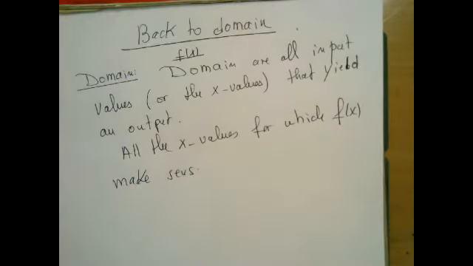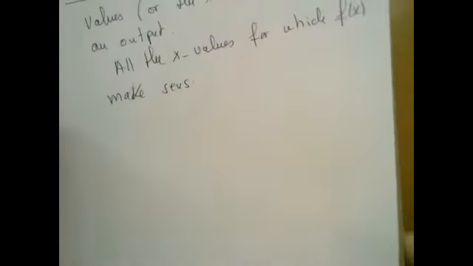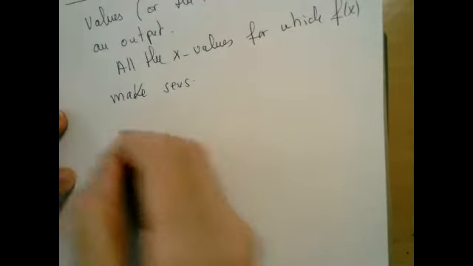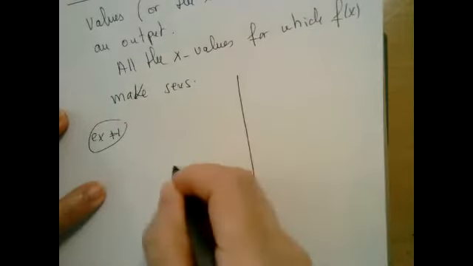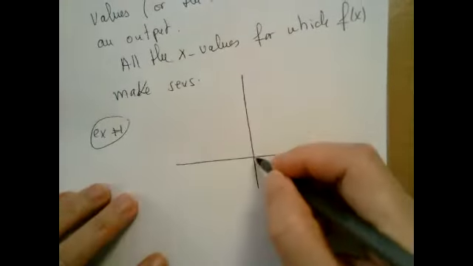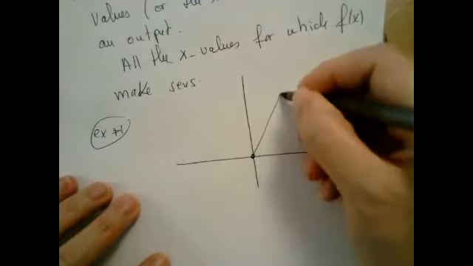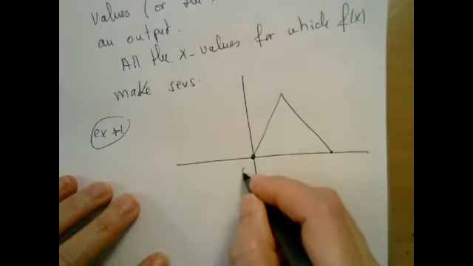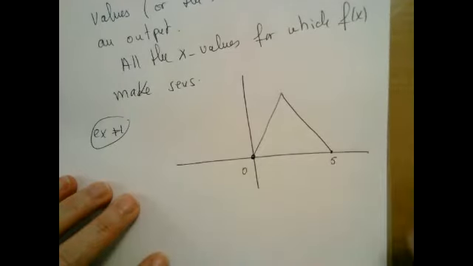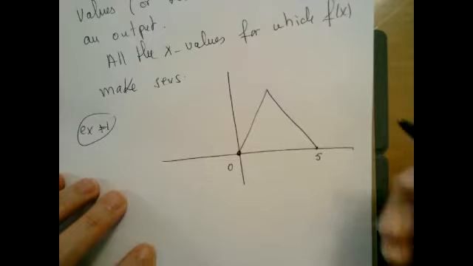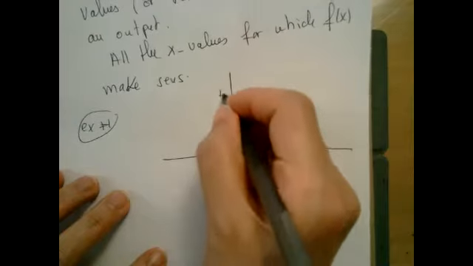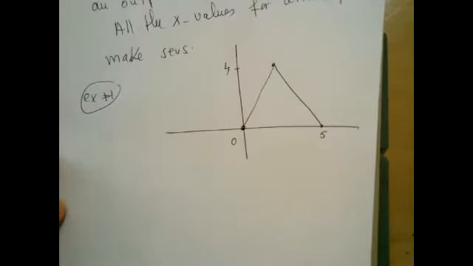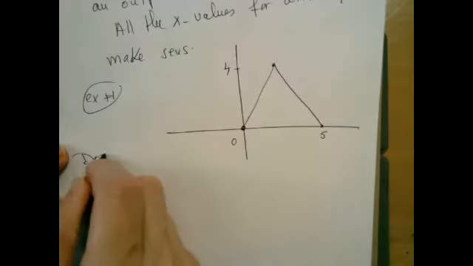Okay. So the first example will be fairly simple. I did something very similar yesterday, and then we proceed. Suppose I have a function which is given by a graph. I'm just going to make up a simple graph. That's my function, very simple. It starts at 0, I can take a 5 in here, and this here is 4. So this function is given by a graph. What is the domain in this situation?